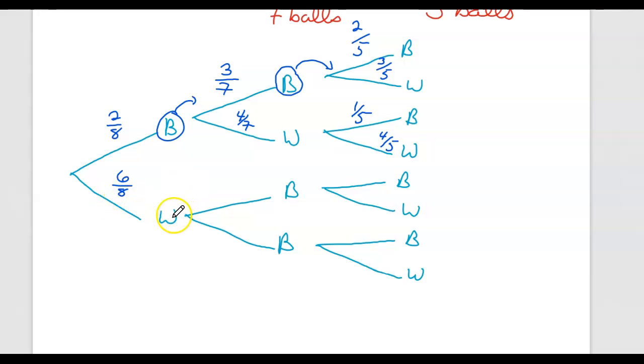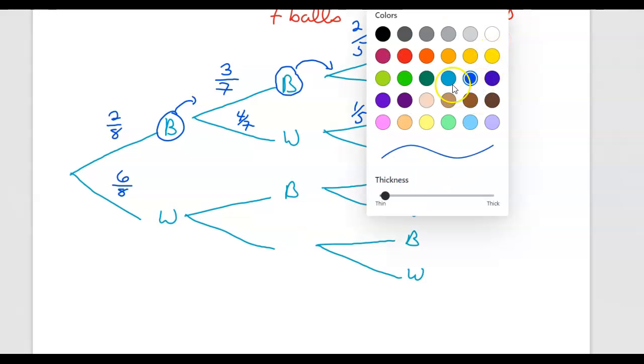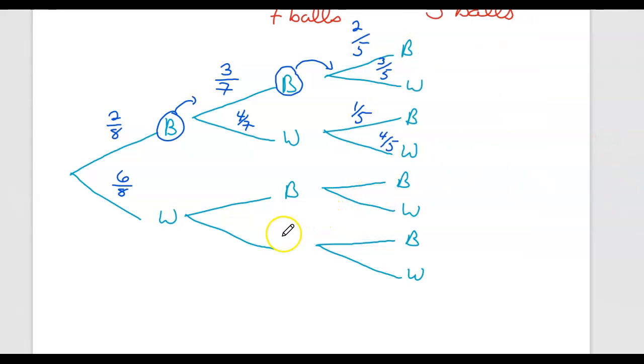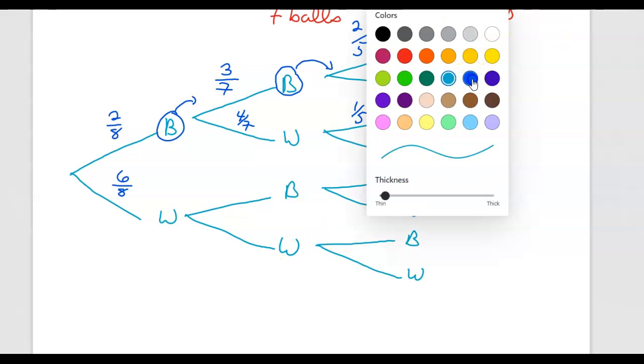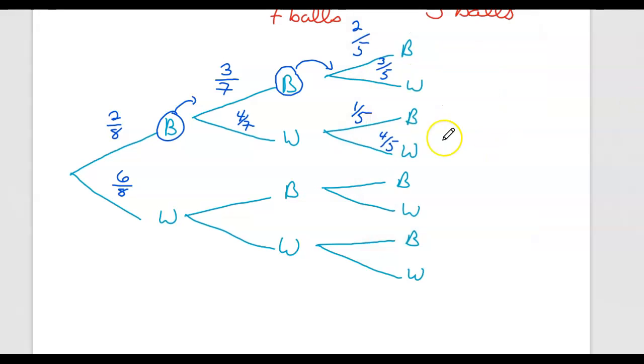So here, we are increasing my white by 1, and I put 2 B's there. There should have been a B and a W. Okay. So I know that my denominator here is going to be a 7 because I started out with 6, but now I'm going to increase it to 7.